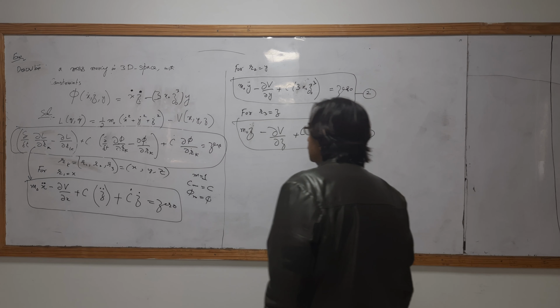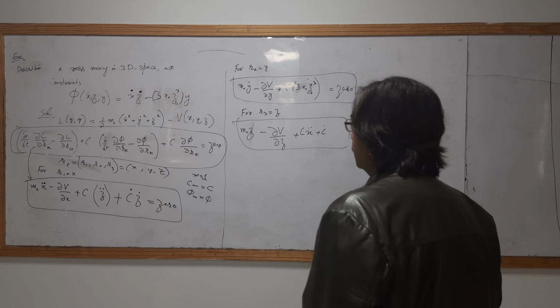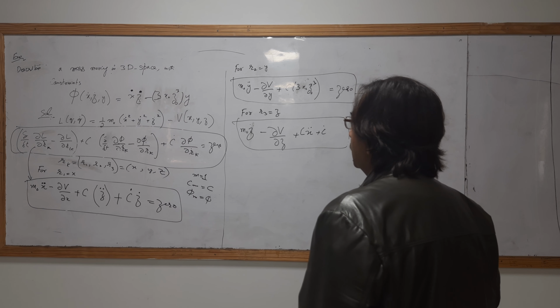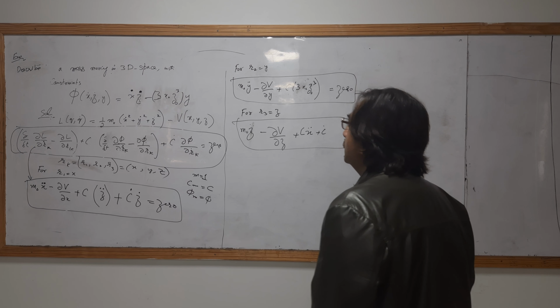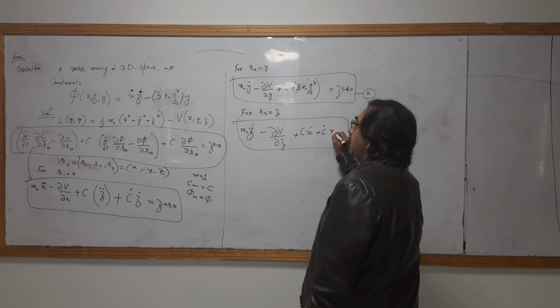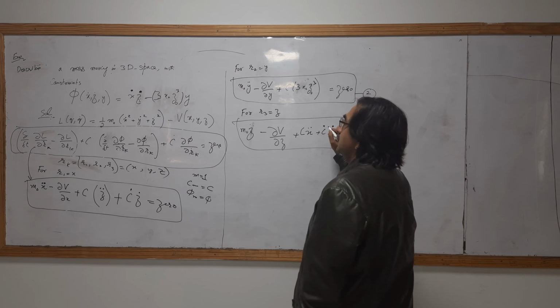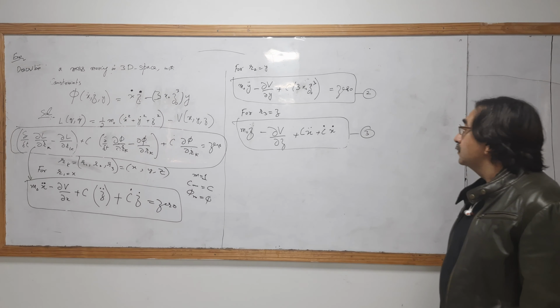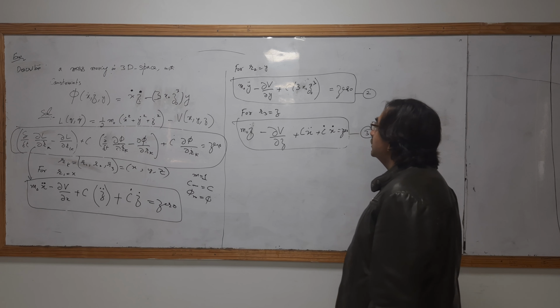Yes, there is an x dot here. C dot with respect to z dot will be x dot. So that will be equal to 0. You have 3 equations.